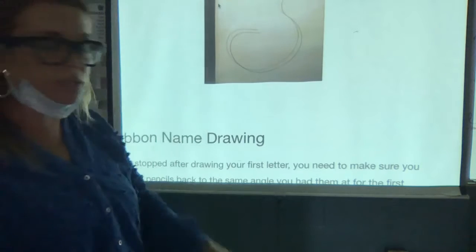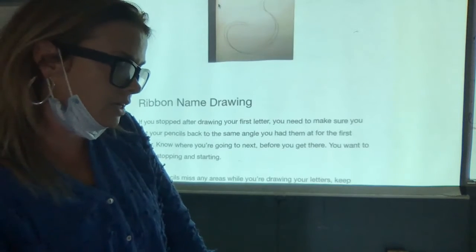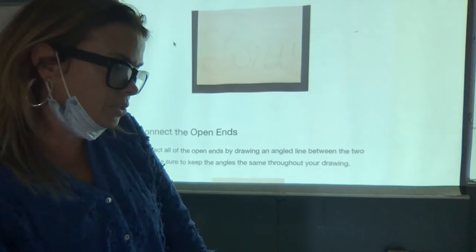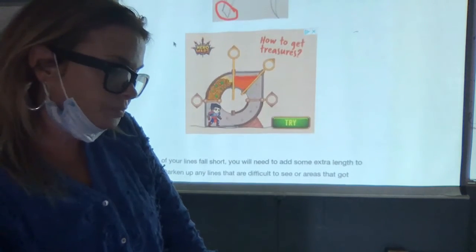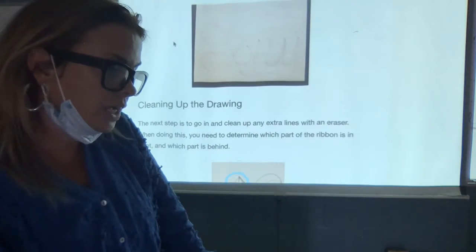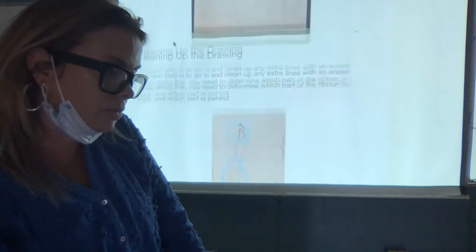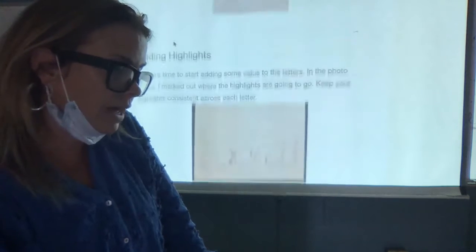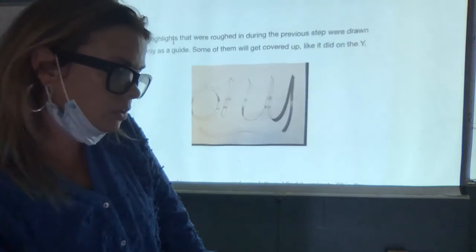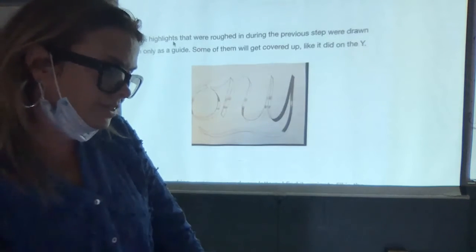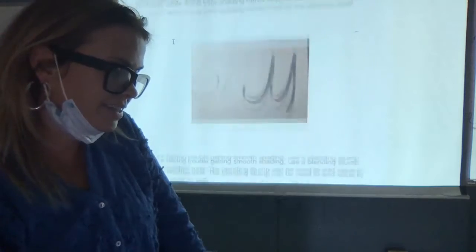So I thought that was pretty cool. And I think we'll try it here in class. But this shows you how to do it. I think that's brilliant. So that's just another way to draw your name in a ribbon form. I'll add this to your module, your assignment, as another example.